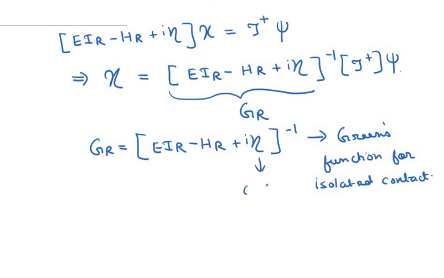So this is basically 0 plus IR, where 0 plus is a quantity which is near 0, and IR is basically the identity matrix of m cross m dimension, m cross m size.